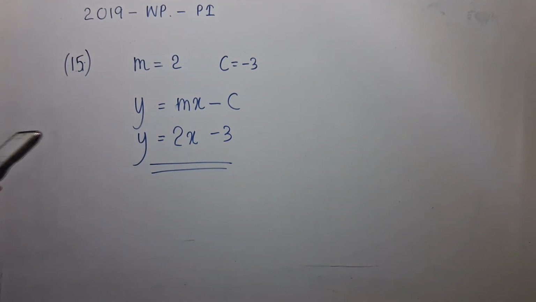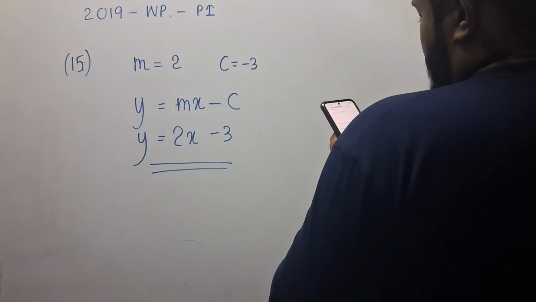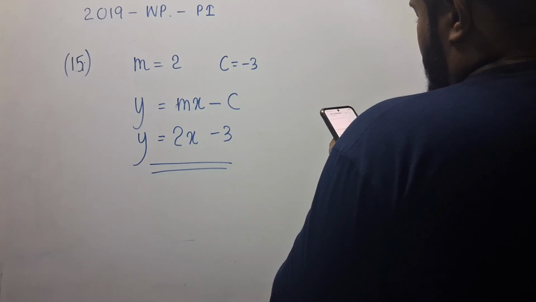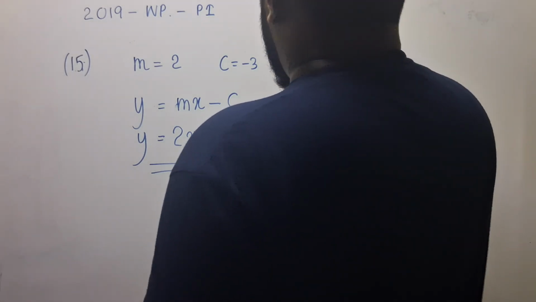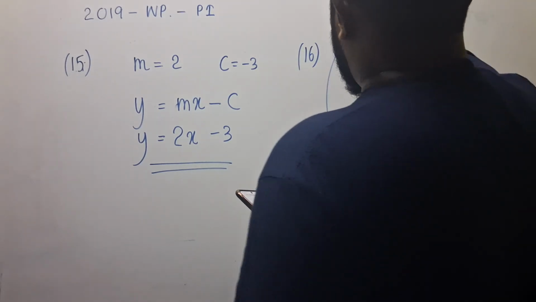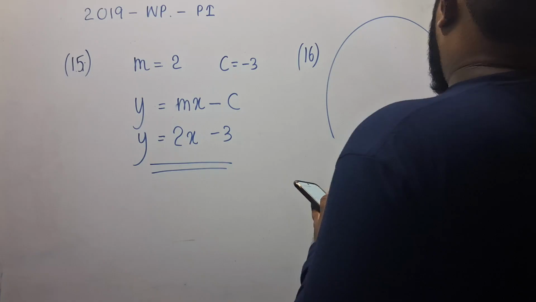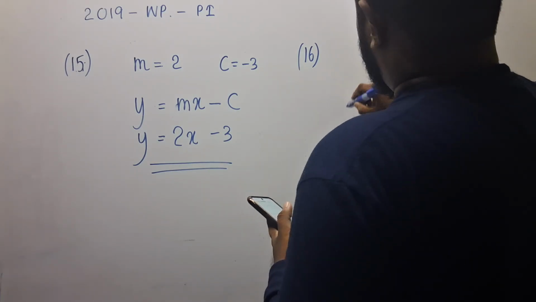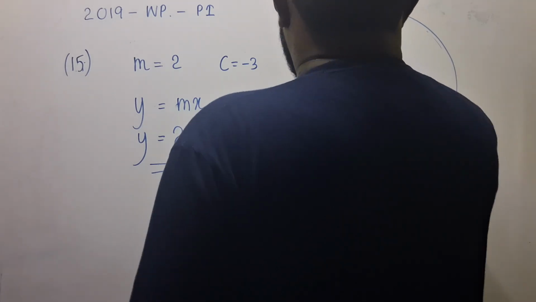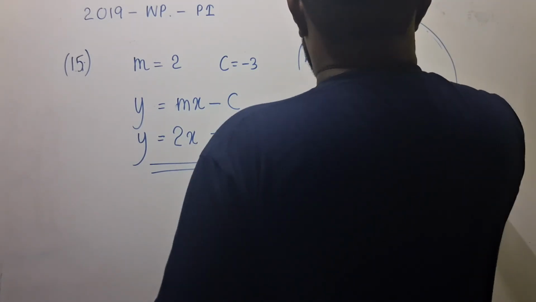Next question, 16. In the circle with the center O, AB is a diameter. According to the given information, find values of A and B. You have to remember, if there's a diameter, the angle of a semicircle is equal to 90 degrees.